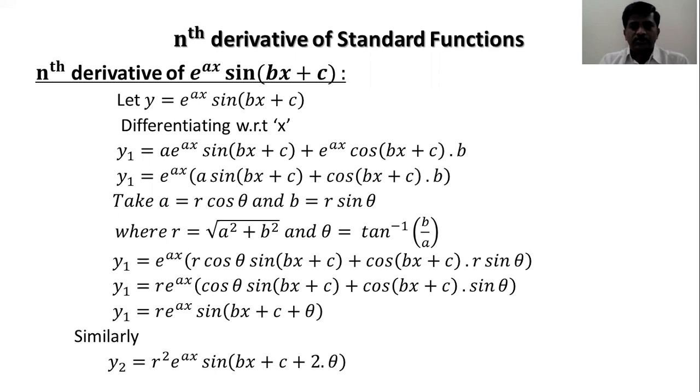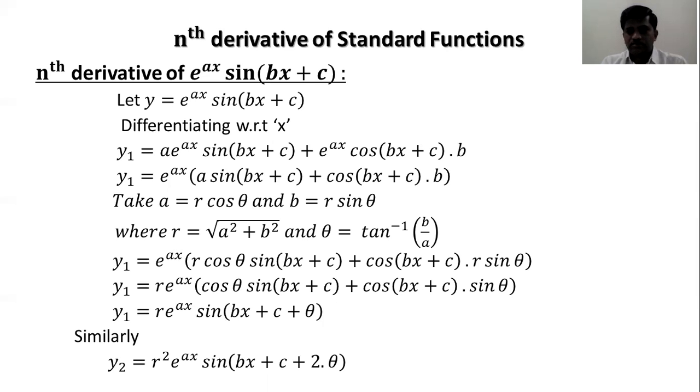Now let us substitute a and b in y1. y1 = e^x [r cos theta sin(bx + c) + cos(bx + c) r sin theta]. Let us take r as the common factor. The remaining term is cos theta sin(bx + c) + cos(bx + c) sin theta.